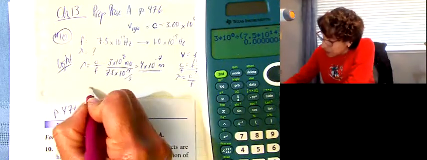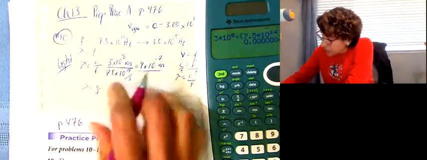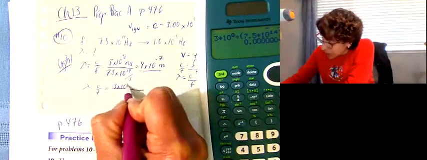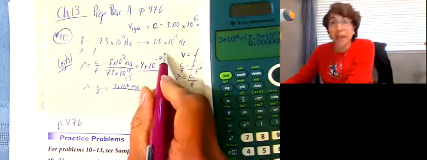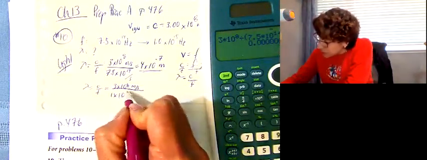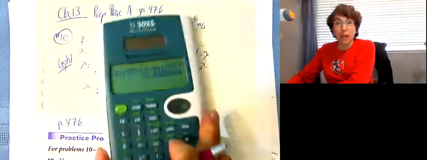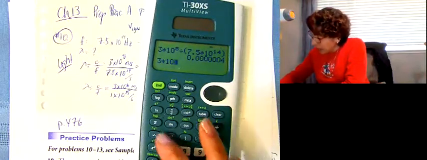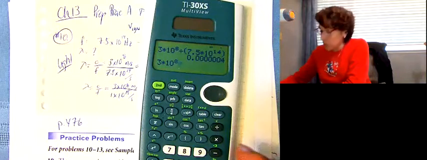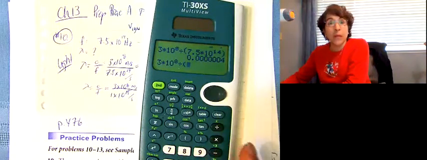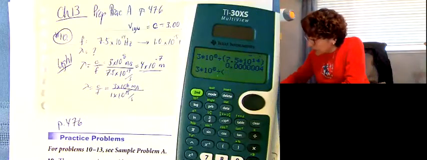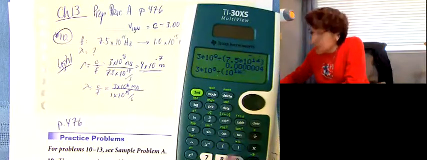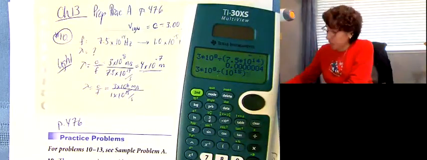The other one is the wavelength, c over f, again with the speed of light, 3 times 10 to the 8th meters per second, and now the other frequency, 1 times 10 to the 15th per second. Again, 3 times 10 to the 8th divided by 10 to the 15. I don't need the 1 because it's just 1 times.